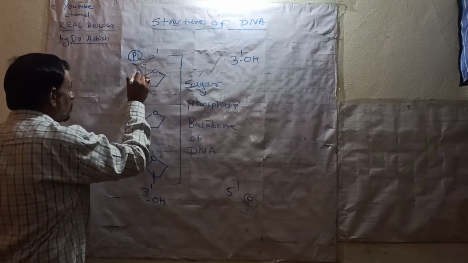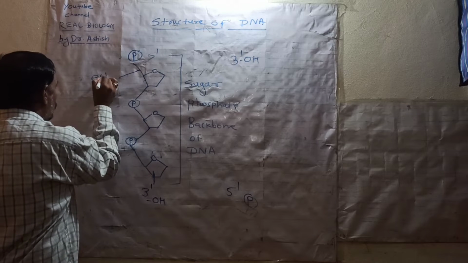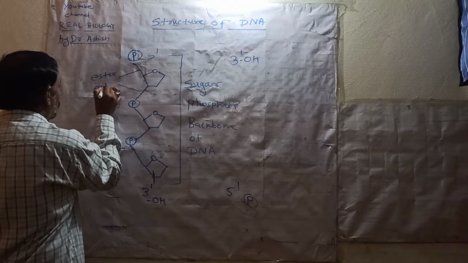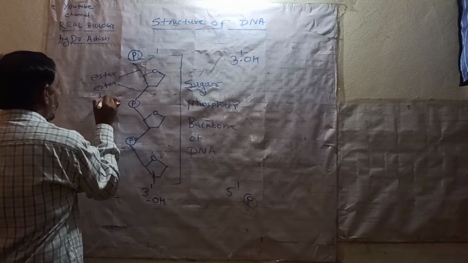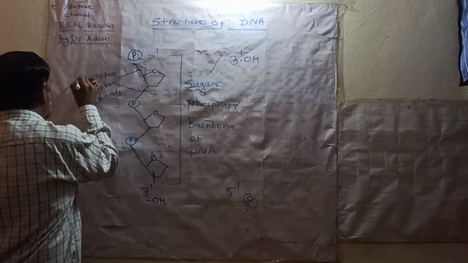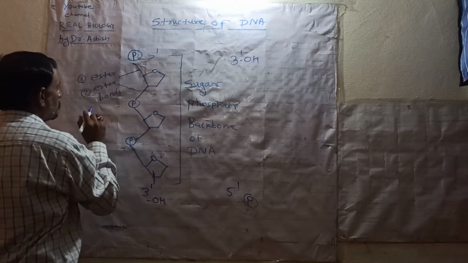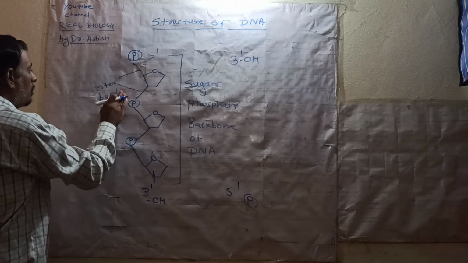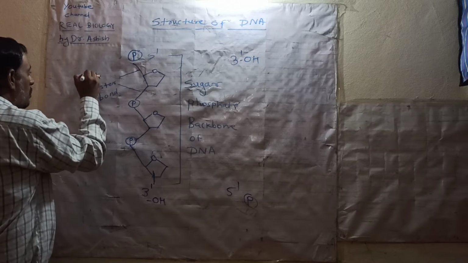See, this is an ester bond, the first ester bond. This is another ester bond. These two are ester bonds, first and second. So the linkage is known as phosphodiester bond linkage.